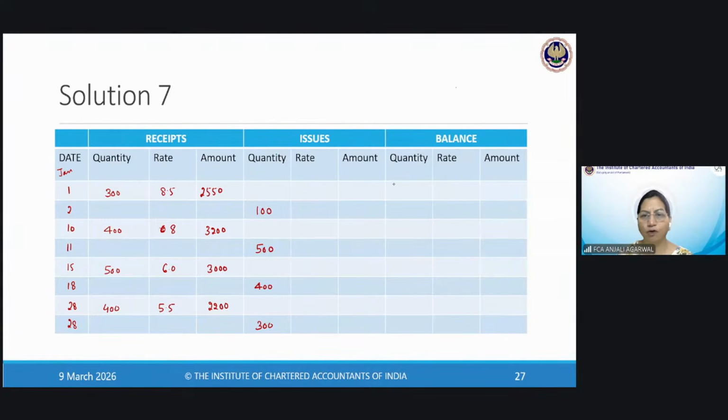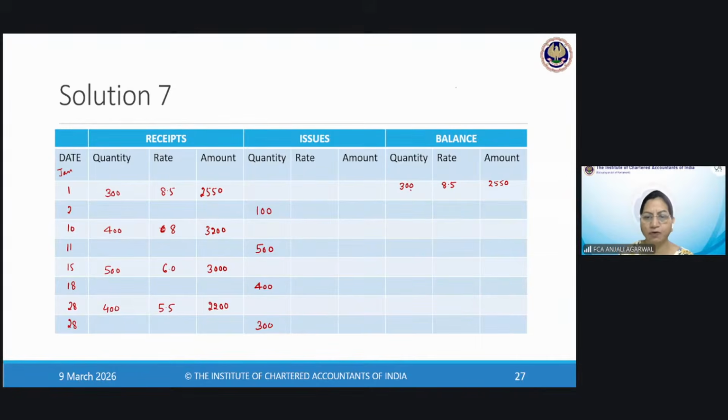Now, if you follow FIFO, you write your balance here. Like on 1st January, you had no opening stock. So the balance is of only 300 into 8.5, which is 2550. So when you are following FIFO, you are going to issue from here only. Now, on 2nd January, when you are going to issue, what do you have in your stock? 300 at the rate of 8.5.